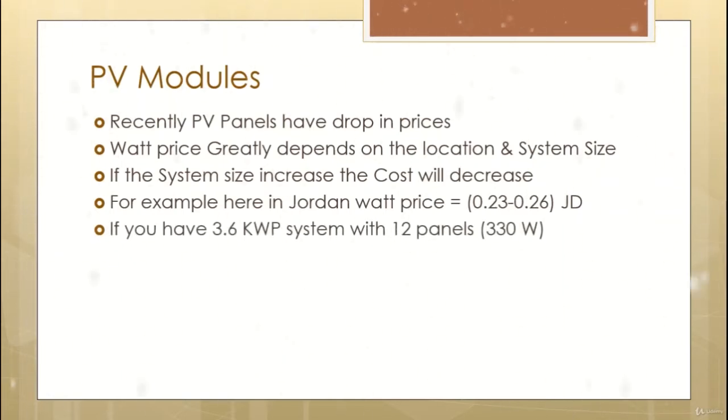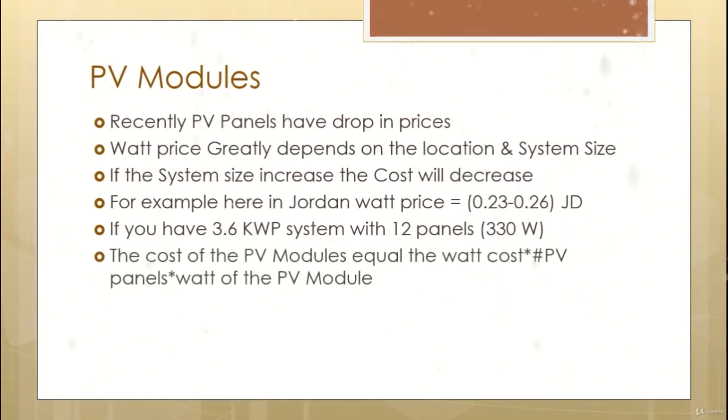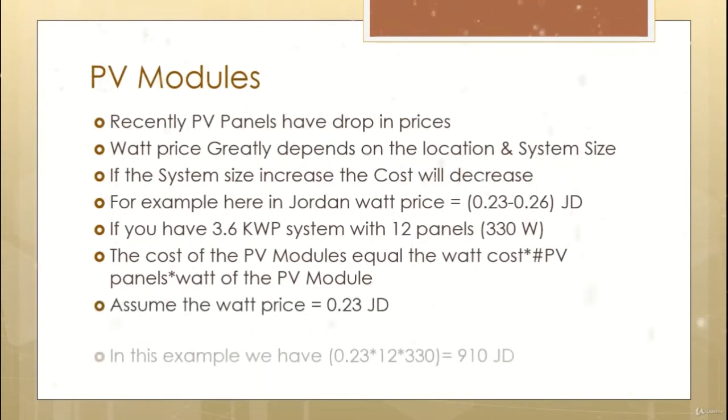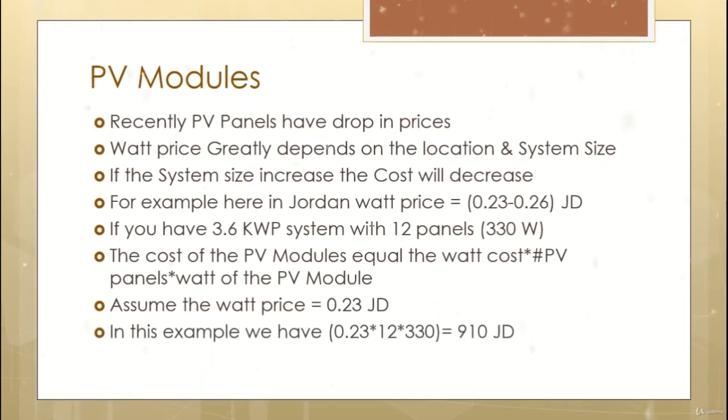If we have a 3.6 kilowatt peak system with 12 panels of 330 watts, the cost of the modules equals the watt cost multiplied by the number of PV modules multiplied by the watt of the PV modules. Assume the watt price in this example is 0.23, we get 0.23 multiplied by 12 multiplied by 330, which equals 910.